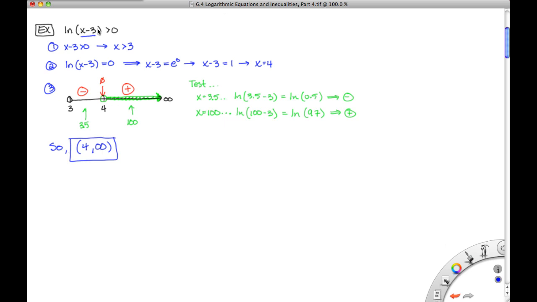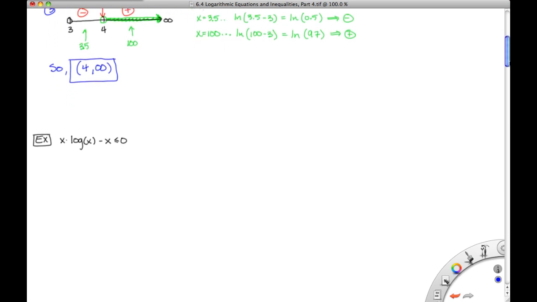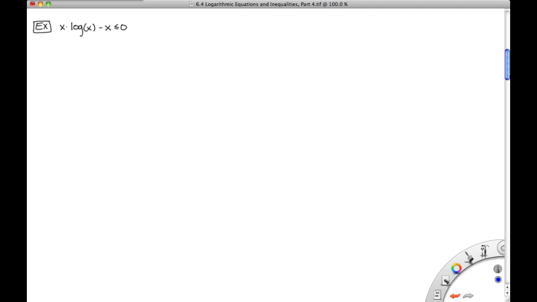And we're going to use this exact same method and approach on this next one here. A little bit more complicated, but not too bad. So we've got x times the log of x minus x is less than or equal to 0. So let's see what we can do with this one.